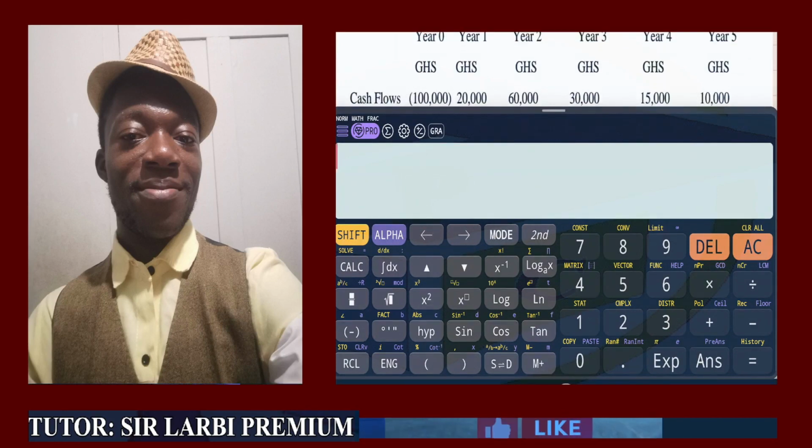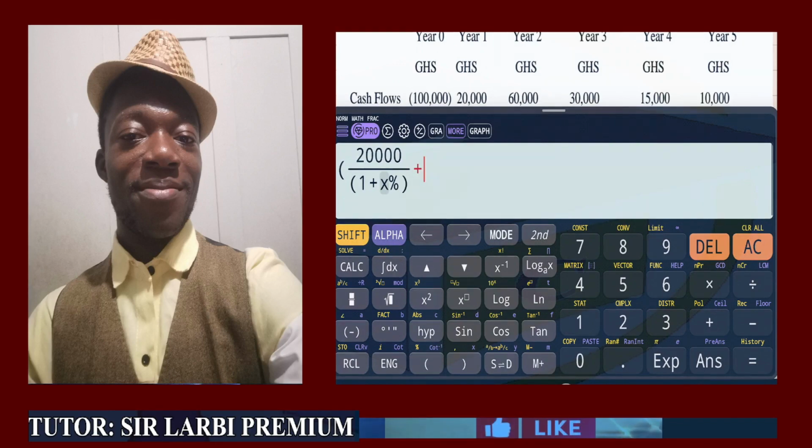So when calculating the internal rate of return using our smart calculator, we have open bracket. Then we have the first cash flow for year one, which is 20,000 divided by open bracket 1 plus alpha x. Then we add a percentage to it, because remember, this is a percentage issue. So we attach the percentage to the x, being the internal rate of return.